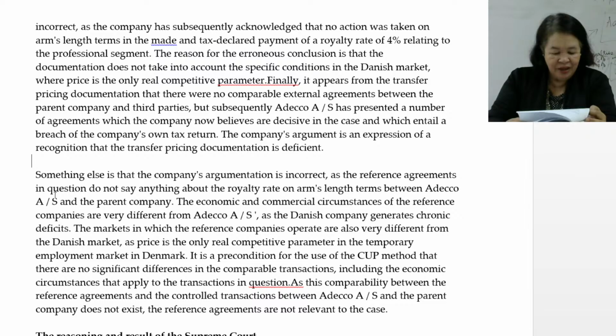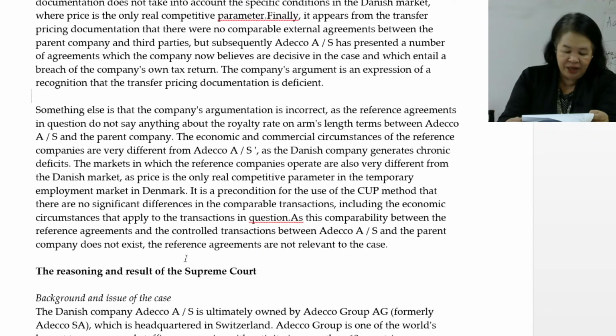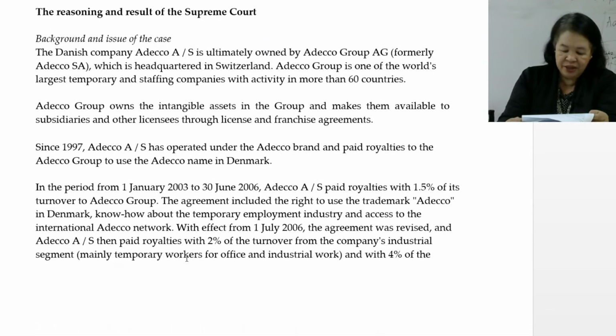Okay. So, ito naman yung reasoning ng court, no? The Danish company Adecco AS, ultimately owned by Adecco Group AG, formerly Adecco SA, which is headquartered in Switzerland. Adecco Group is one of the world's largest temporary and staffing companies with activity in more than 60 countries.